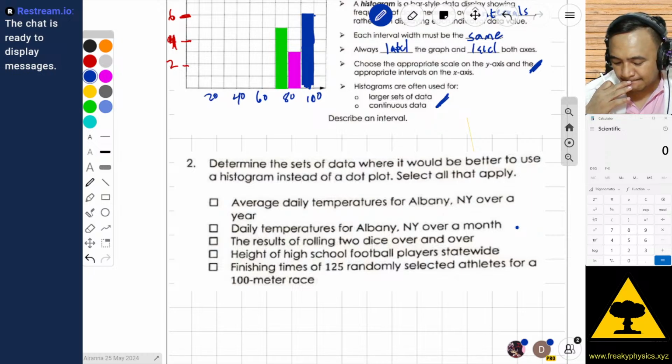The average daily temperature for Albany, New York, over a month. Daily temperatures over a month.